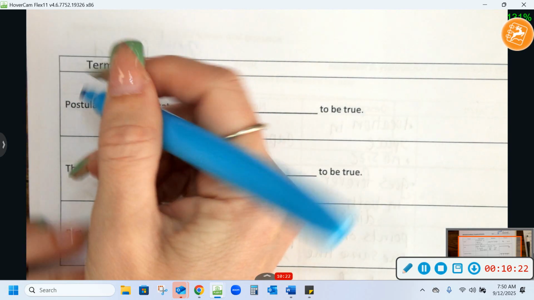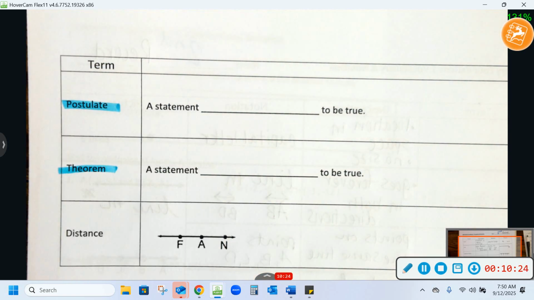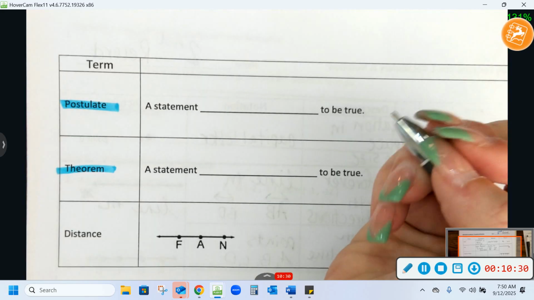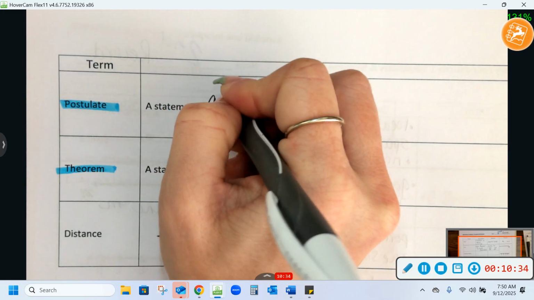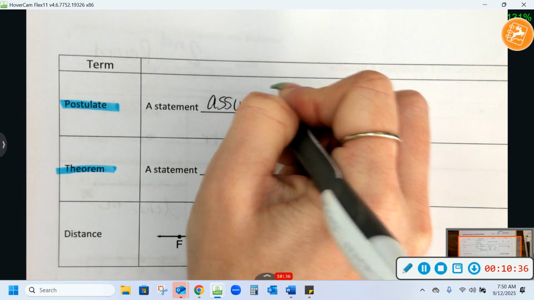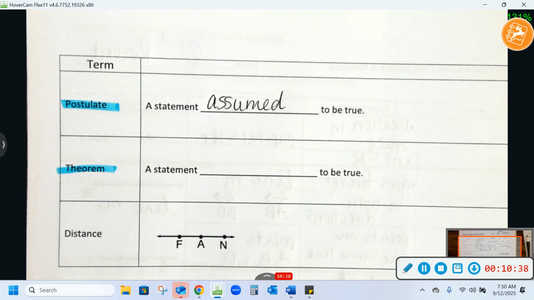Postulates and theorems. So a postulate is something that we assume to be true. And this is going to blow your mind, especially this super easy one I'm going to show you.